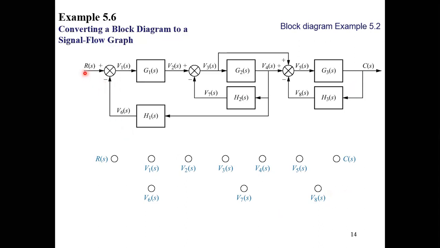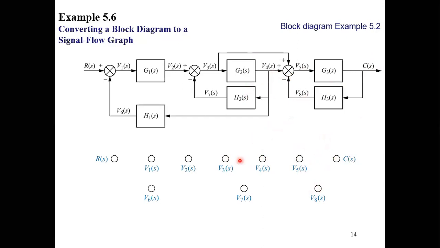Now R of S to V1 of S will be converted using a unity gain, V1 to V2 using G1 of S, V2 to V3 using unity gain, V3 to V4 using G2 of S. Here we will have a branch of G2 of S, again unity gain, and G3. From output to V8 we have H3, and then from V8 to V5 -1.